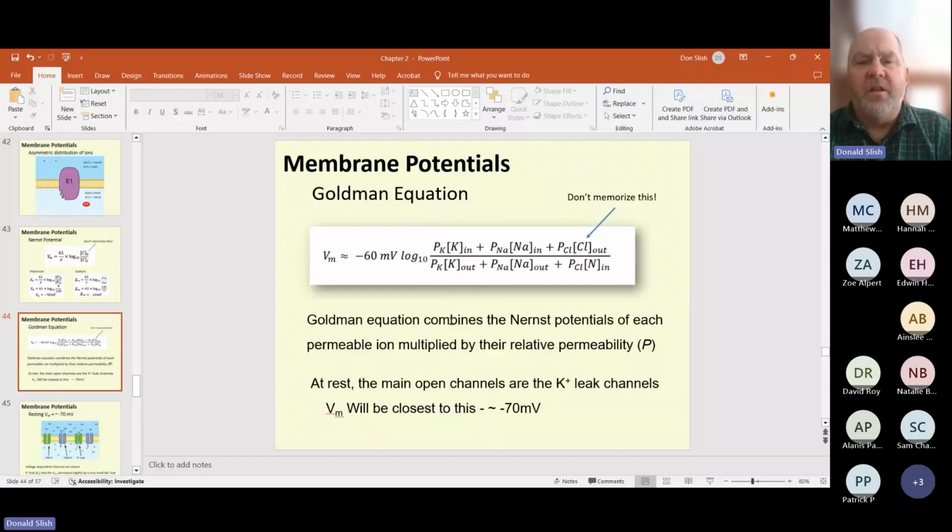But basically, what I want you to know about the Goldman equation is that it's adding up all the Nernst potentials relative to the permeability of each ion. So we're looking at what the membrane potential will be based on which ions are able to go towards their equilibrium.